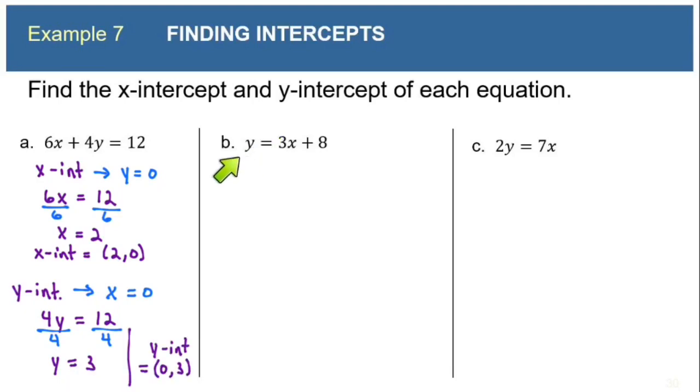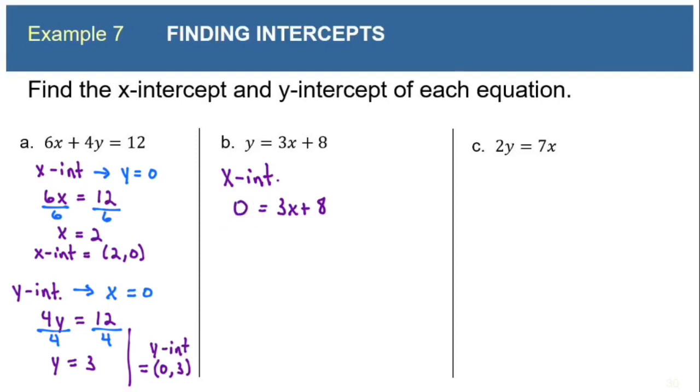And now for part B, we have y equals 3x plus 8. So hey, notice that this one is in slope-intercept form. Now we weren't asked to find the slope, but if we had been, we could see that the slope would equal 3. Okay, let's start by finding the x-intercept. So we know that to find the x-intercept, we plug in 0 for y. When we do that here, the entire left side is just going to be 0.